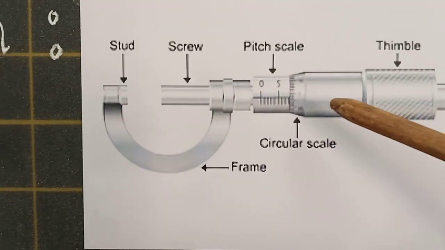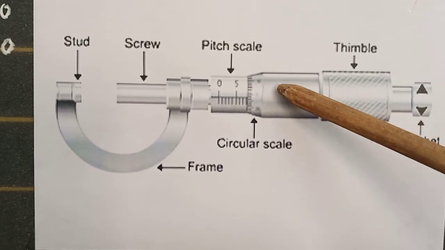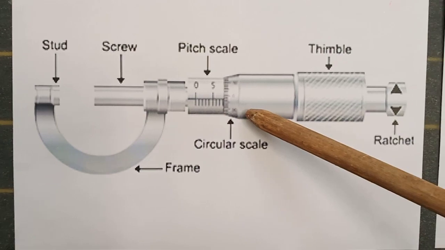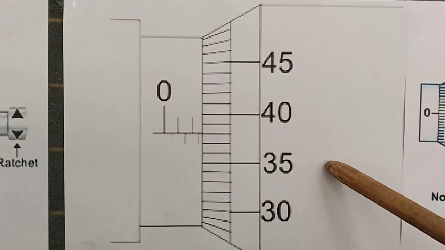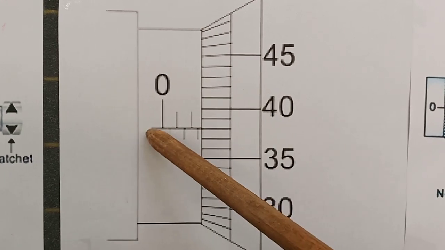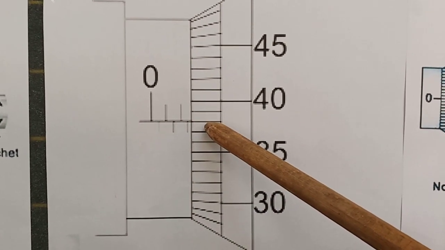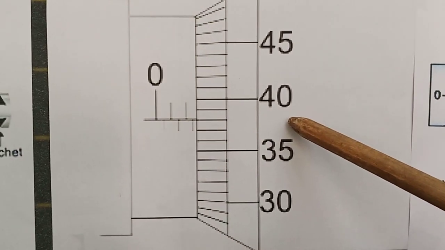As we have seen here, this is on the cylindrical part. With the help of rotation of the thimble, you are about to rotate your circular scale. Now see, dear children, the reference line should meet with a division of the circular scale, and we are about to calculate that division as the circular scale division.